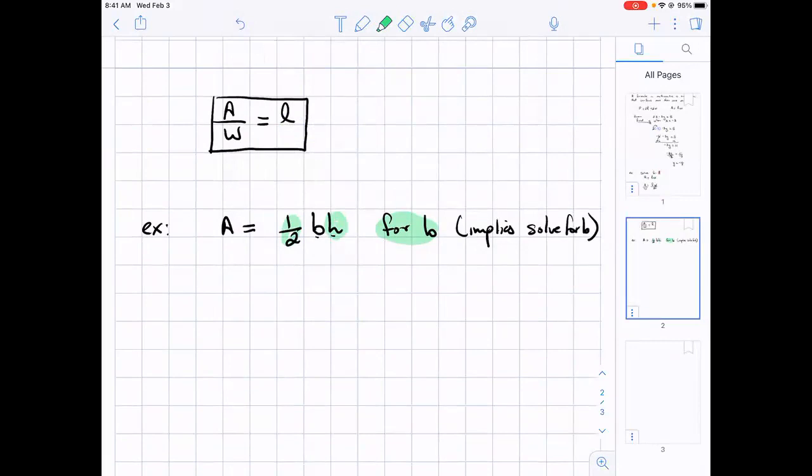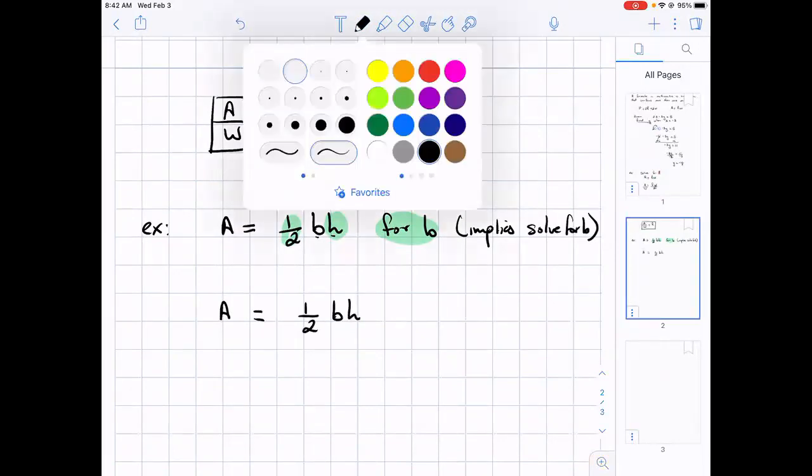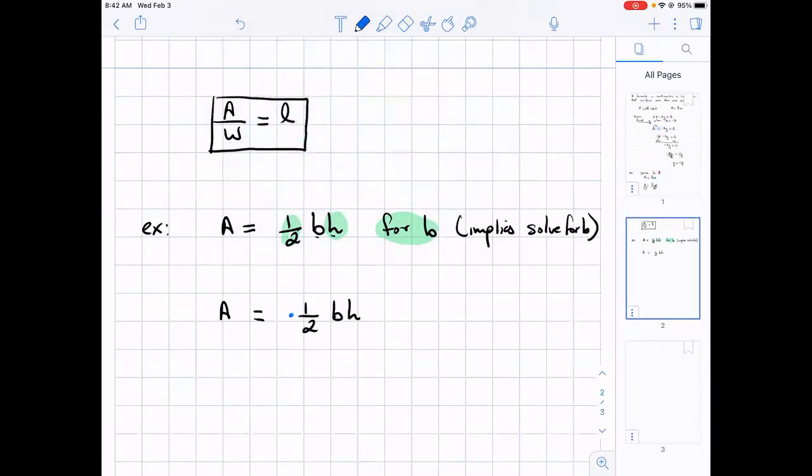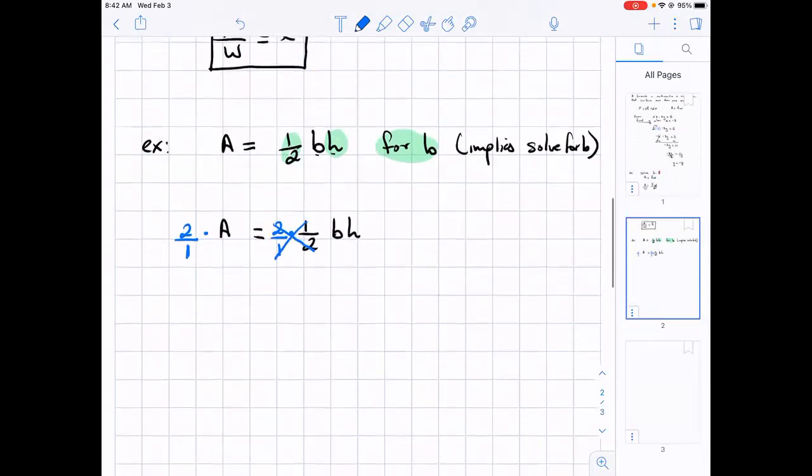So let's remove the 1/2 first, okay. A is equal to 1/2 BH. And to get rid of a fraction, we will multiply by its reciprocal. So if the fraction is 1/2, you flip it. That's the reciprocal, okay? But if I do it on the right side, I also have to do that on the left side. So the 2 and the 2 will cancel, the 1 will cancel, okay?